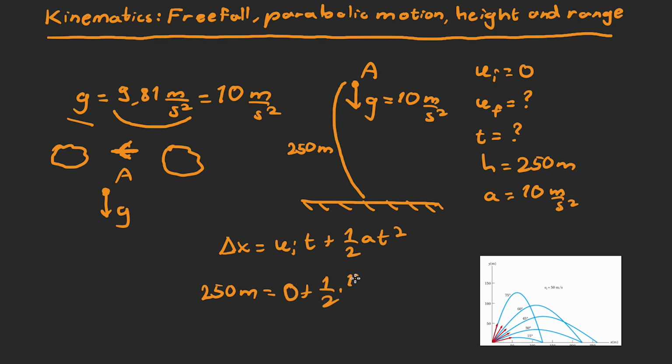Our acceleration is 10 meters per second squared. And from here we can figure out the time. This will lead to 5t squared equals 250, and we can just divide that by 5, which is 50, right? Yeah, 50. So t is the square root of 50, whatever the solution to that is. I don't really care about that for this case.